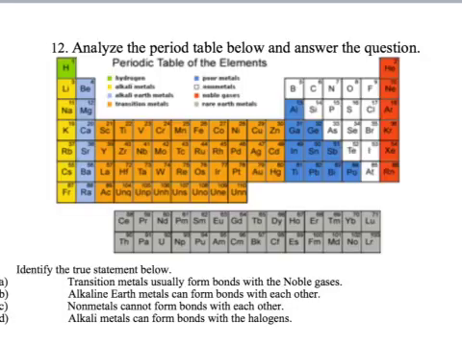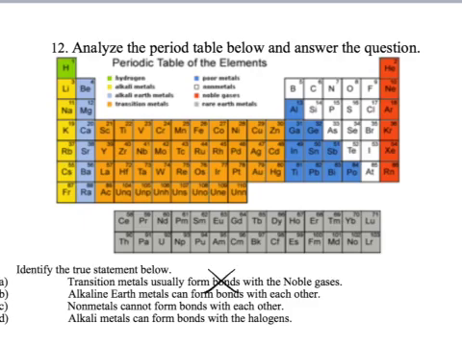Analyze the periodic table and answer the question. Identify the true statement below. Transition metals usually form bonds with noble gases. Again, guys, do noble gases usually bond? The answer is no. Alkaline earth metals can form bonds with each other.